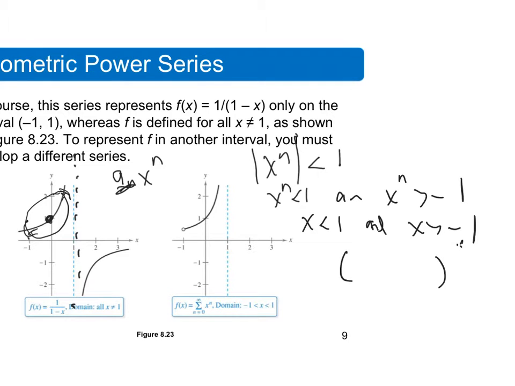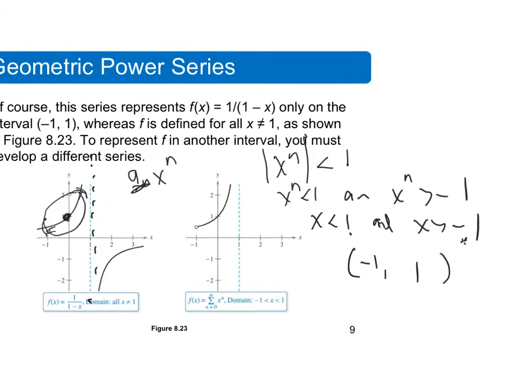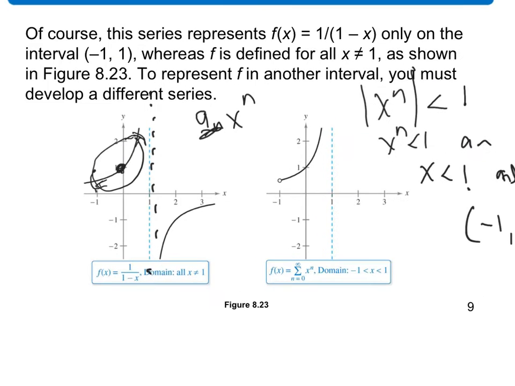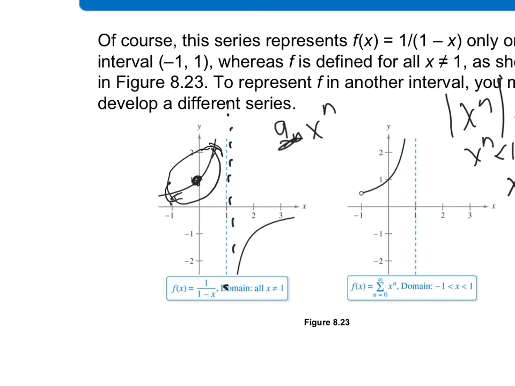So we have our interval: greater than negative 1, less than 1. That's exactly what you have here. Negative 1 to 1 is my interval.